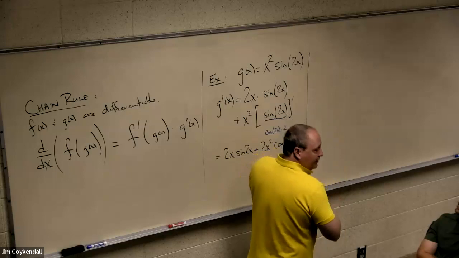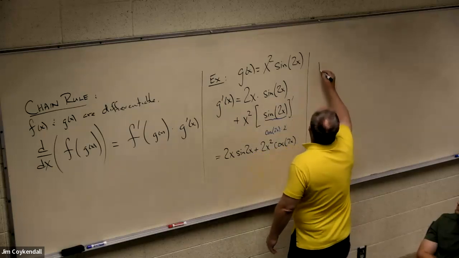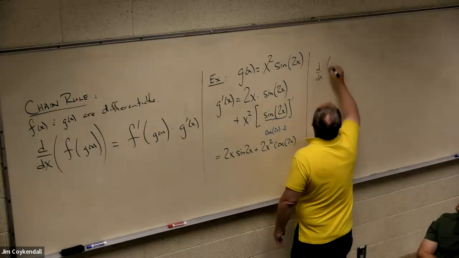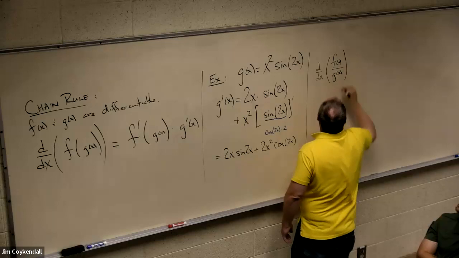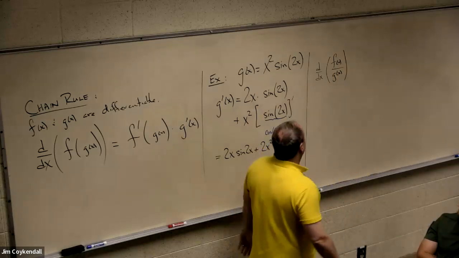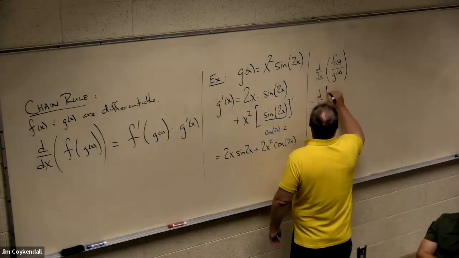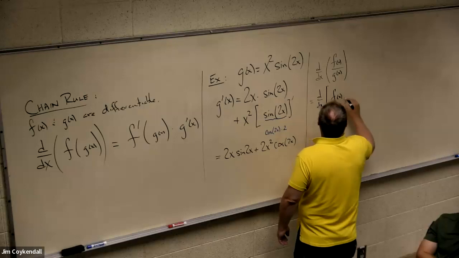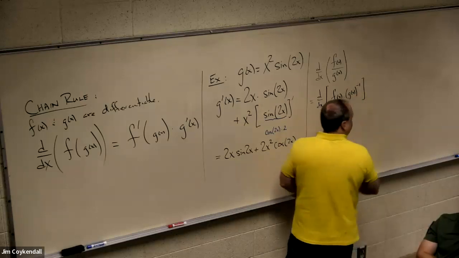But in theory, you never have to do it, or you can rewrite it. All you really need to know is that this is the derivative of f of x times g of x to the minus 1 power.